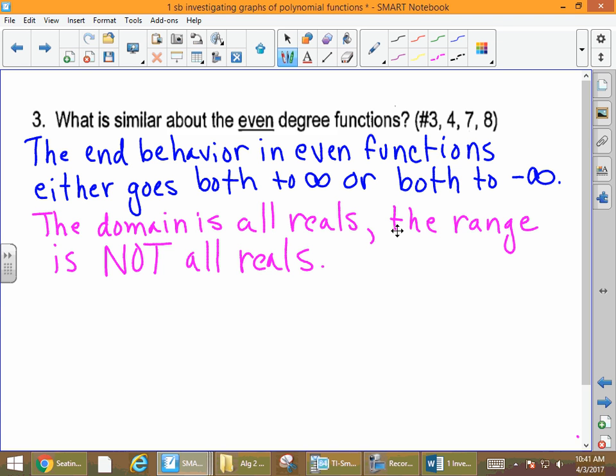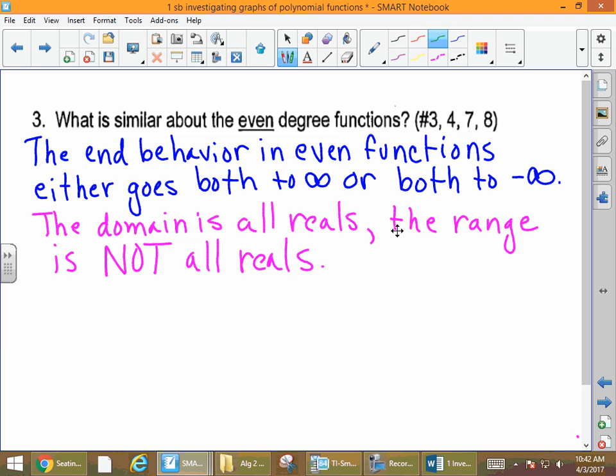And I'll say it again. When our end behavior both goes to infinity, to the left and to the right, or both goes to a negative infinity, on the left and on the right, our domain is still all reals, but our range will not be all reals.